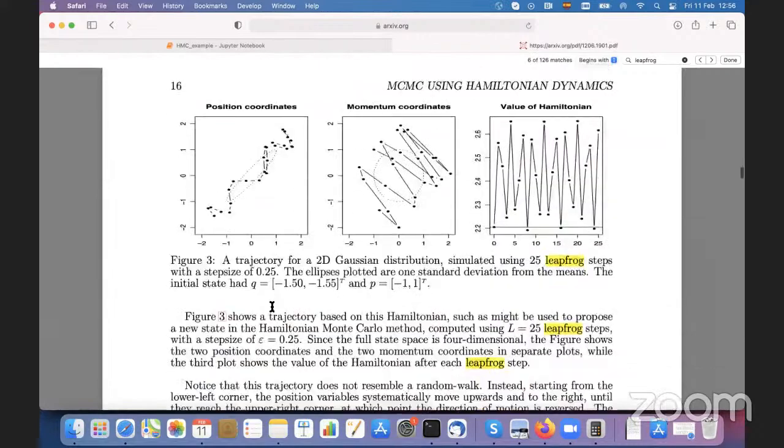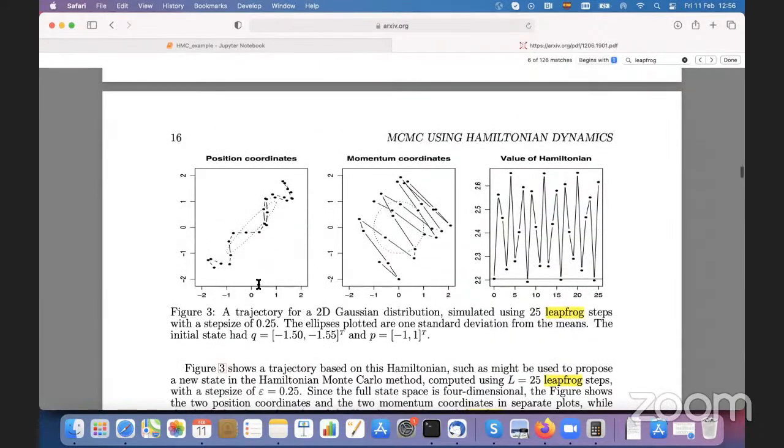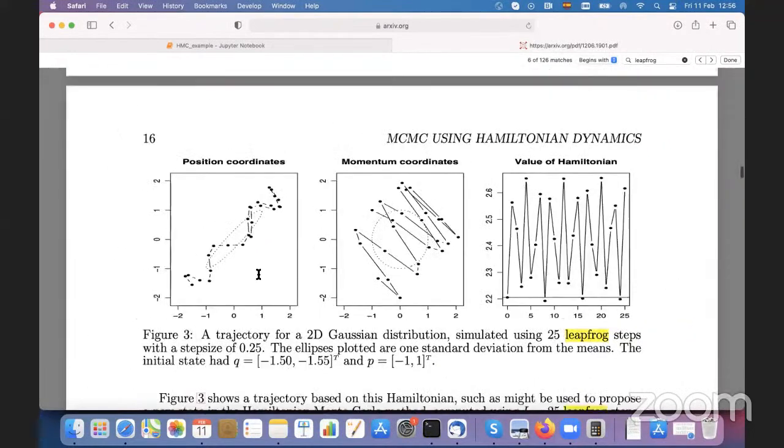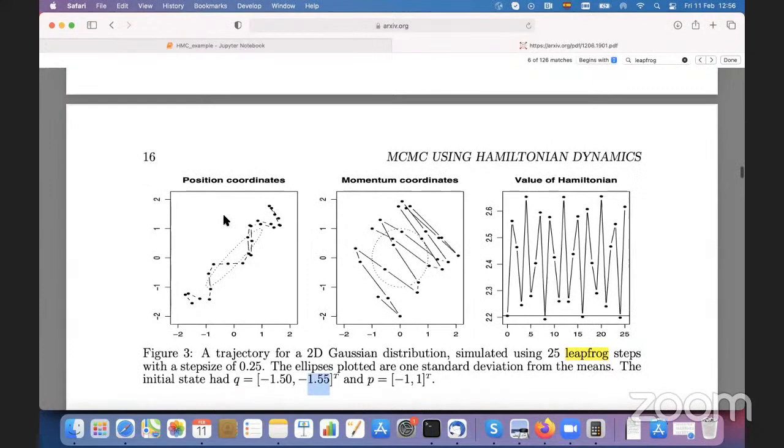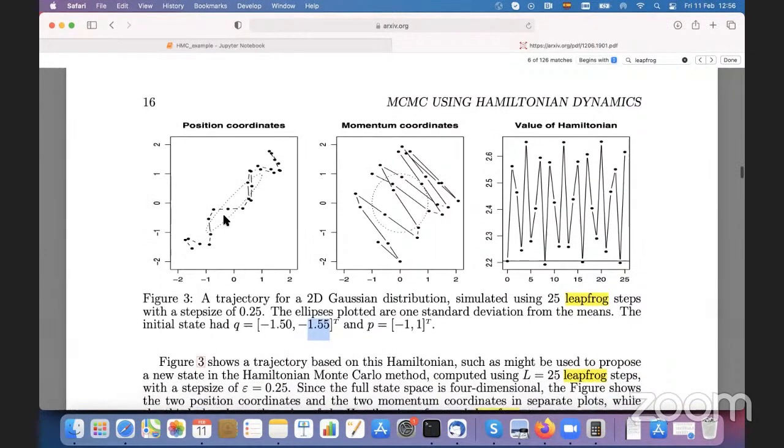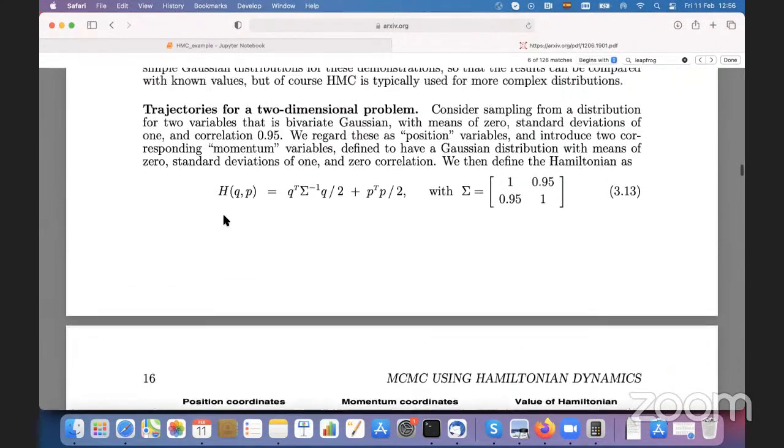And these are some results of a very small example where you have only two parameters. This is a particular implementation that you can follow in this paper, which I can give you. But that's pretty much it.